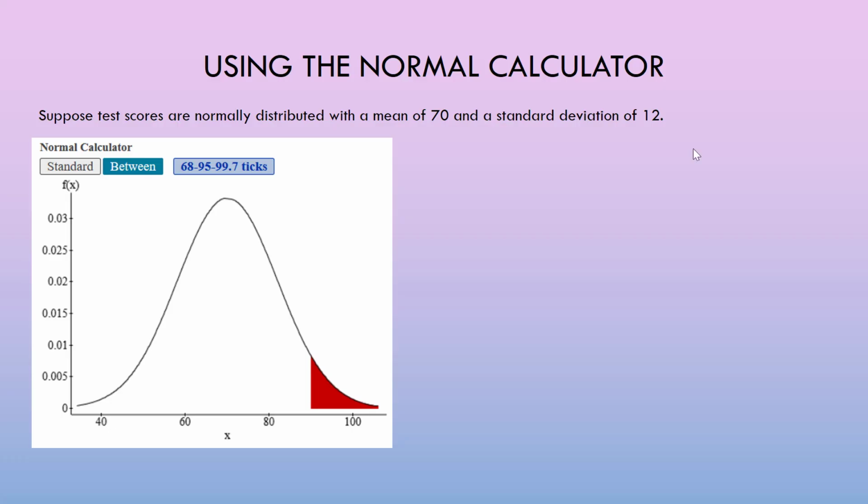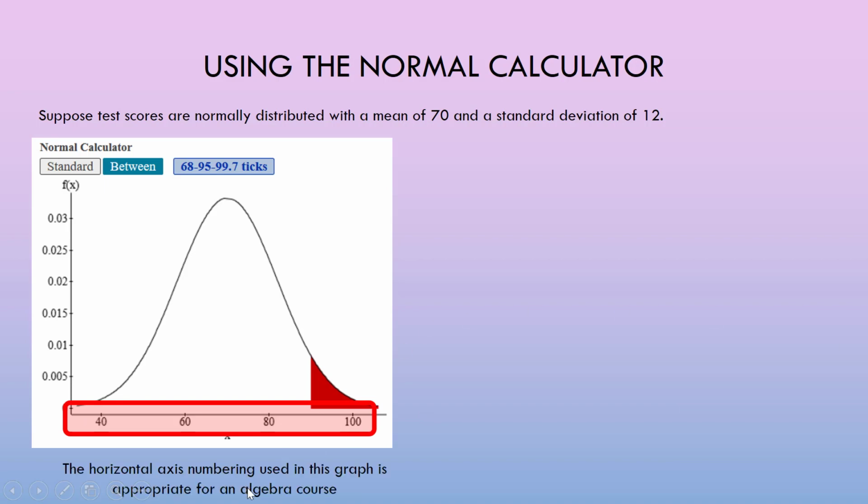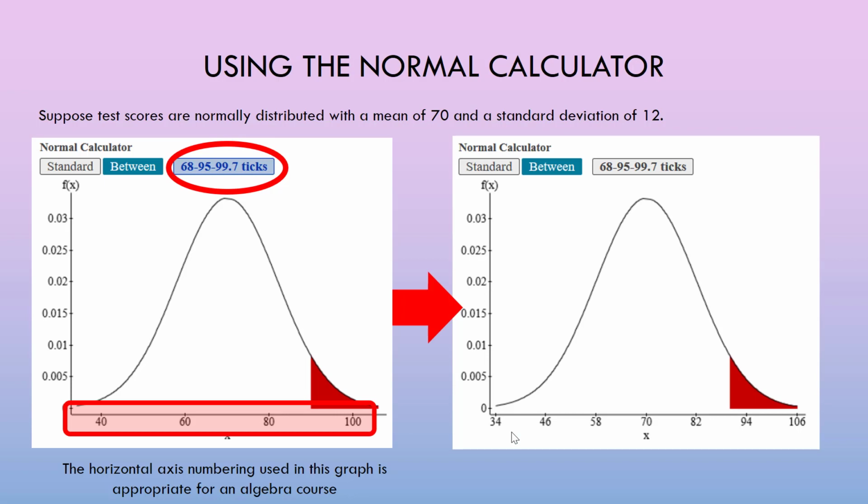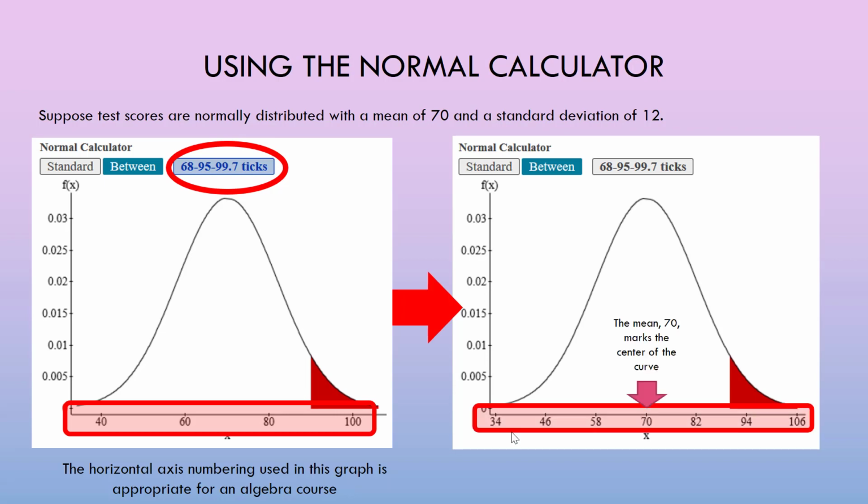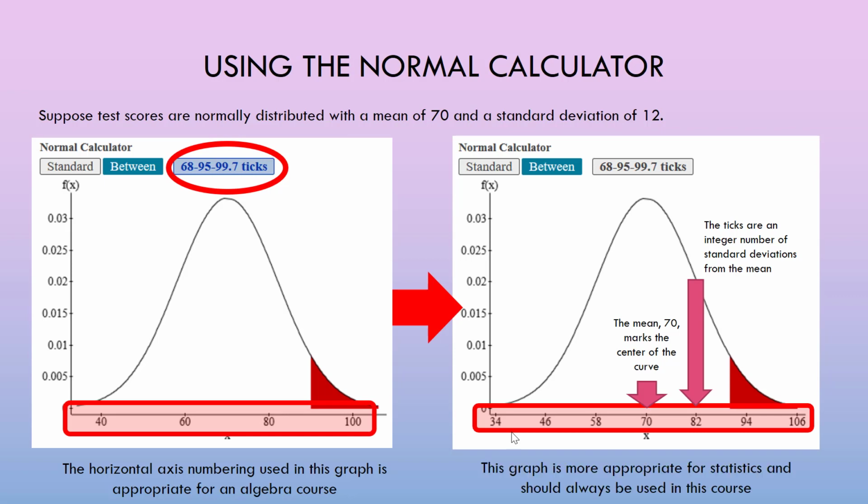So to reiterate, the default setting is going to be a graph that looks like this, with a scale that is appropriate for perhaps an algebra course, but really not appropriate for statistics. As soon as we click on the 68, 95, 99.7 button, our x-axis changes, and now we have the mean in the middle of our graph, and the ticks indicate whole numbers of standard deviations away from the mean.